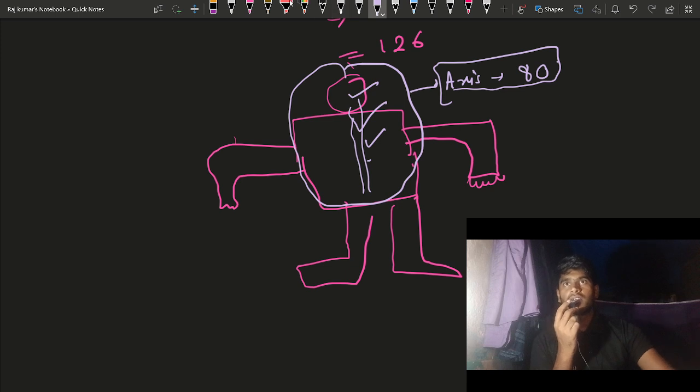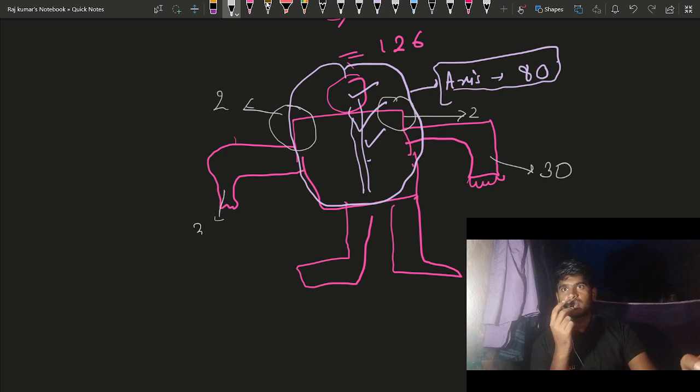But when we explain this one, the pectoral girdle is 2, and this part is also 2, and this hand is 30, and this hand also 30, and this leg is 30, and this leg is also 30.